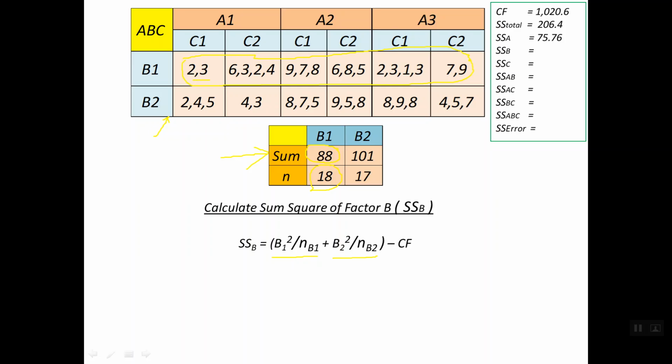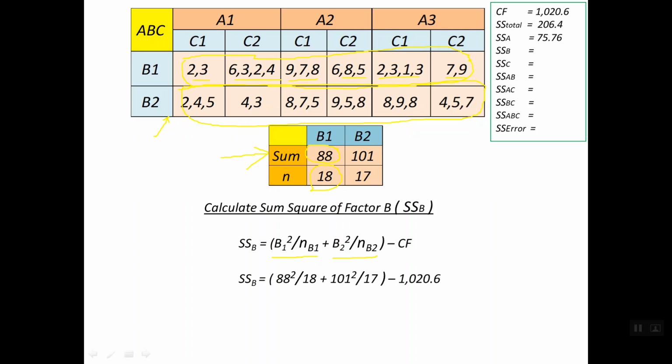So we have here 2, we have here 4, so 6 plus 3 is 9, plus 3 is 12, plus 4 we have 16, plus 2 is equal to 18. The same for B2. B2 represents all of these observations here. So the total of these observations is simply 101, and regarding the number of these observations, it is 17.